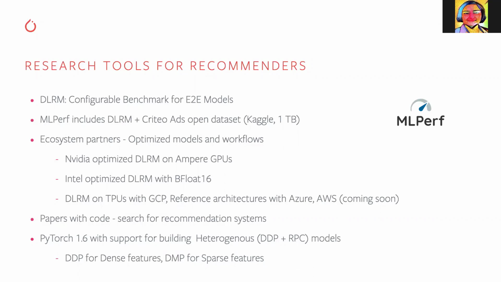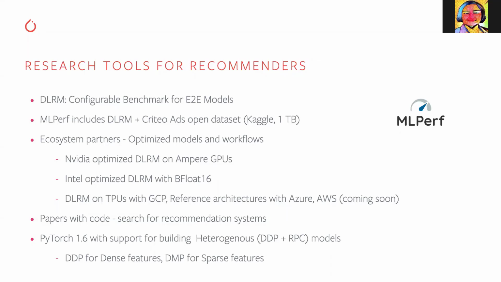For example, with NVIDIA, we have an optimized version of DLRM, which just got launched on the Ampere GPUs and has support for fast data loading with Spark on GPUs, and a new distributed version of DLRM, a heterogeneous data parallel and model parallel version. There is also the Intel optimized DLRM using their bfloat16 solution. We are also working with Google for DLRM on TPUs, and reference architectures for Azure and AWS are also coming out soon.